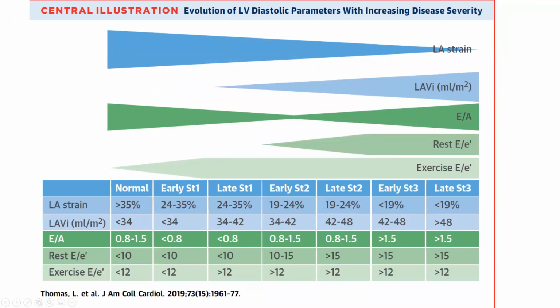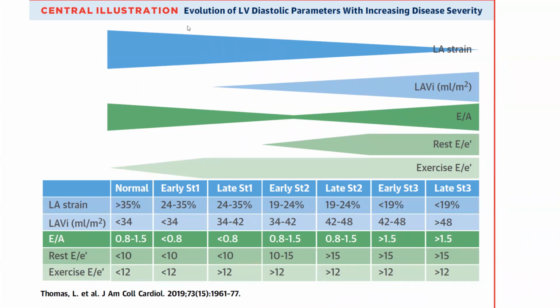Dr. Thomas and colleagues from Australia have put together a nice paper in JACC on left atrial physiology, showing their conjecture that abnormalities in left atrial strain, you see smaller left atrial strains with worsening phases of diastolic dysfunction.